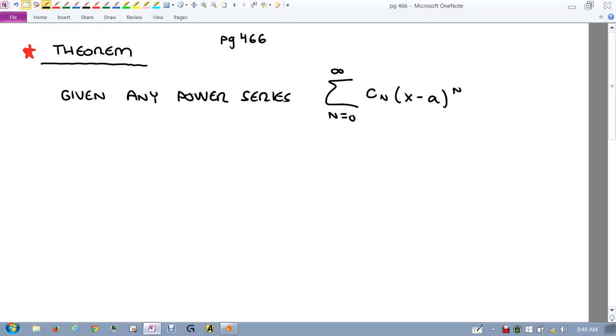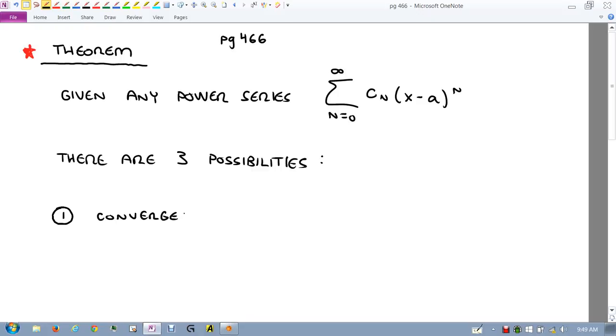There are only 3 possibilities. One, it converges if x equals a only.